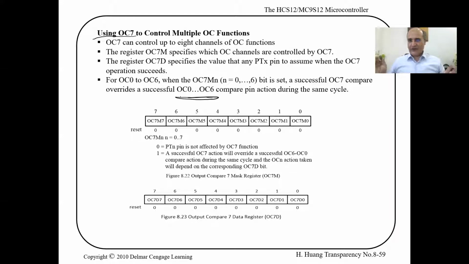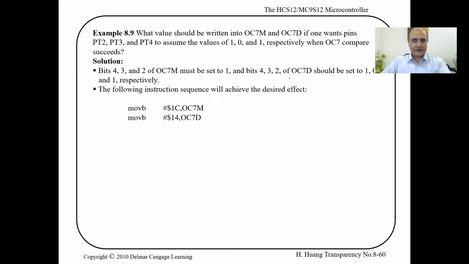Say you programmed output compare 6 to go high or low when its output compare register is equal to the TCNT, but you're able to override it with output compare 7, which means if output compare 7 is met, you can make it trigger both 7 and other channels through these control registers.